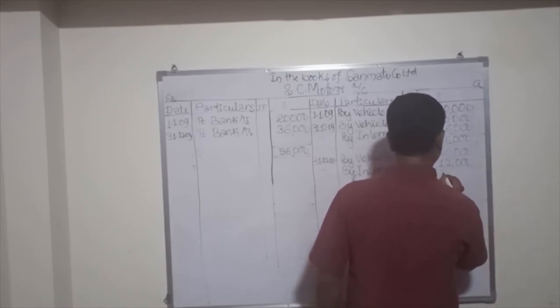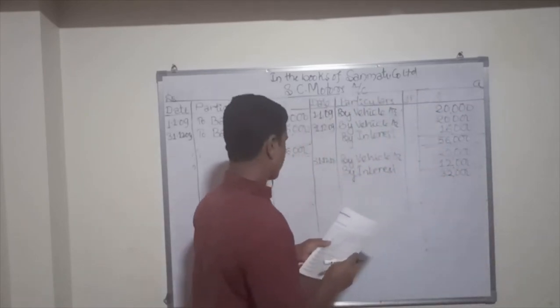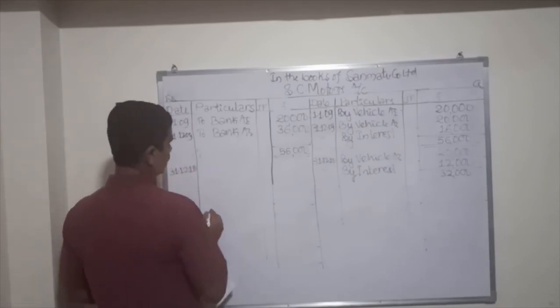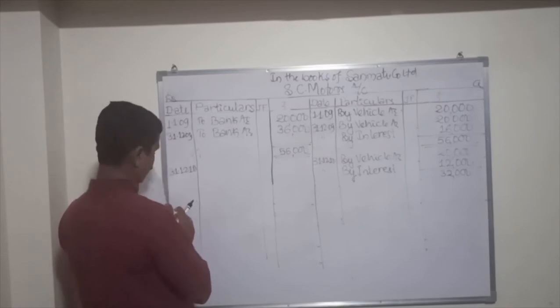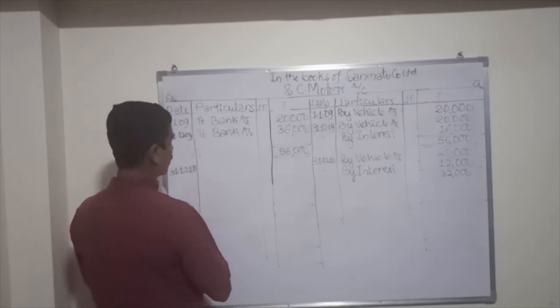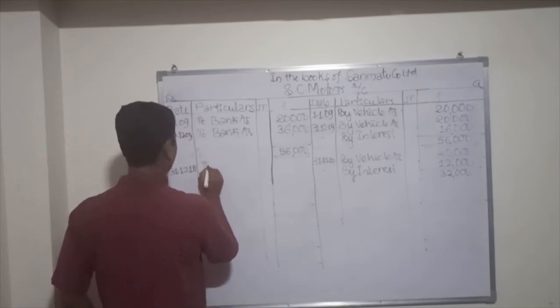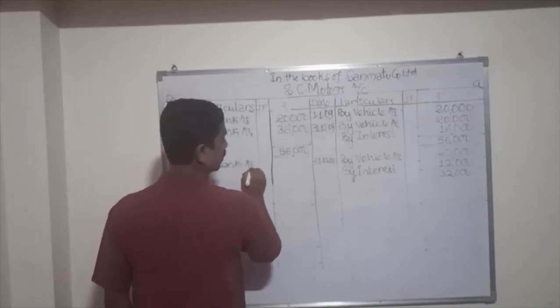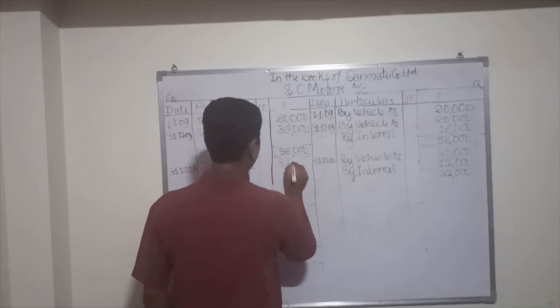So 32,000. The second installment is paid on 31/12/2010. SC Motors account debit to bank account, 32,000.